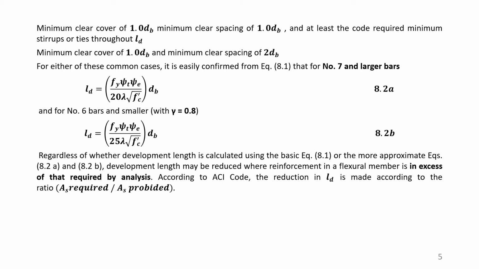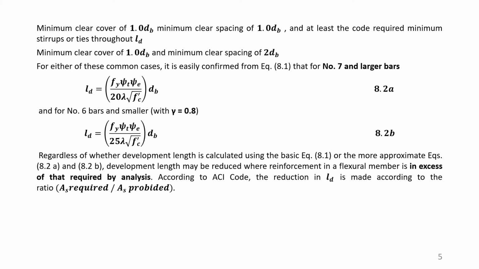The first one is for bars number 7 and larger, and the lower equation is for number 6 and smaller bars. These two equations are the same, but only the numerical coefficient, 20 or 25, differs. 20 is in the top formula 8.2a, and 25 is in 8.2b.